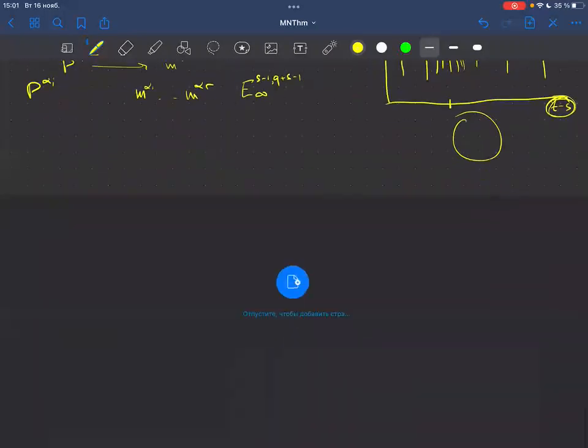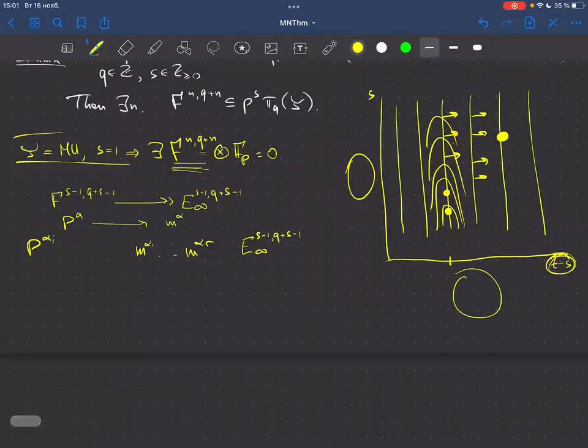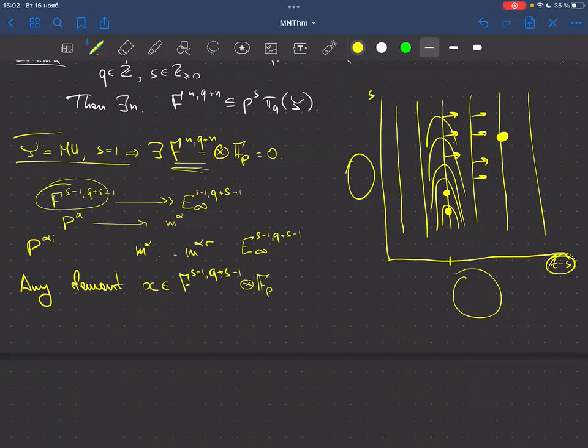So we know that any element X from this filtration modulo P can be written as X is the sum of AI P alpha I modulo F S Q plus S. This is just the definition of filtration.